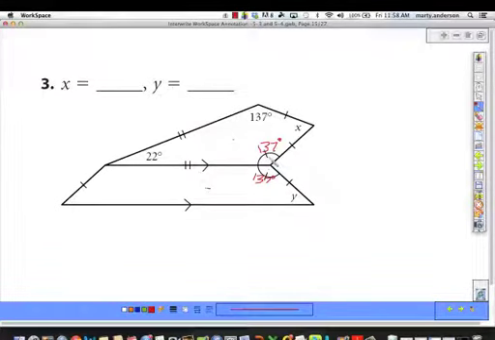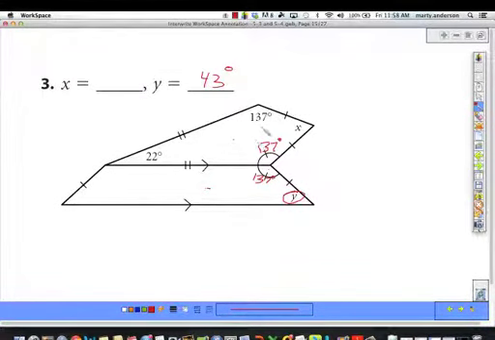If this is a base angle of an isosceles trapezoid and it has to be supplementary with its other base angle, its same side interior supplementary angle, then we can do 180 minus 137, and y must be 43 degrees.